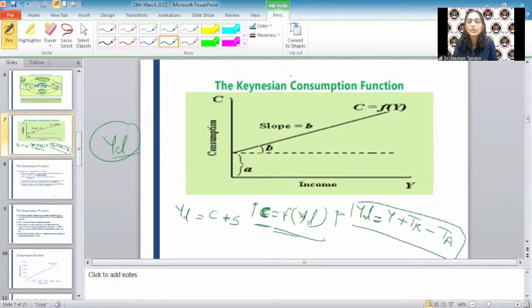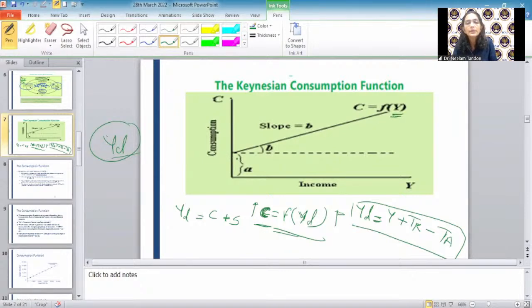So disposable income is income which you can spend on goods and services, or you can save. This is the total income of the country plus transfer receipts, what you get in the form of allowances, subsidies, and others, and what you have to pay in terms of your tax liabilities and non-tax liabilities. That is disposable income. So consumption is a function of disposable income.